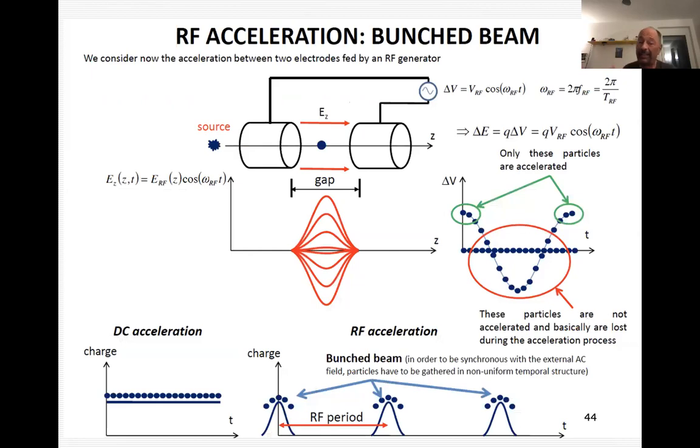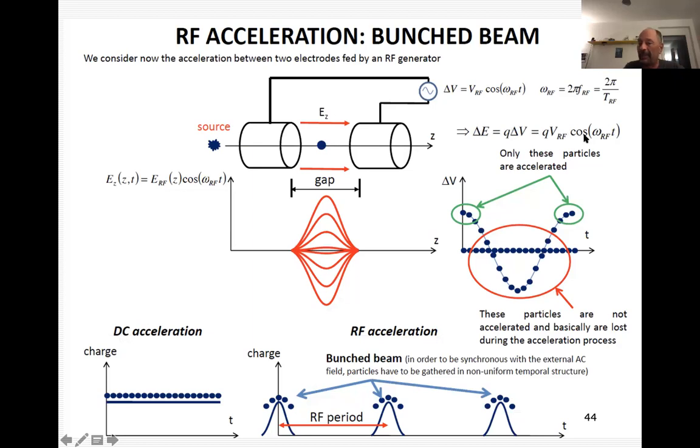Of course, the result is that you have a bunched beam. And these are the basic equations. This is your radio frequency that gives you the voltage as a function of time: this is the maximum voltage, and the cosine as a function of the time, and this is the omega, the frequency of the radio frequency, and this has to be the condition.